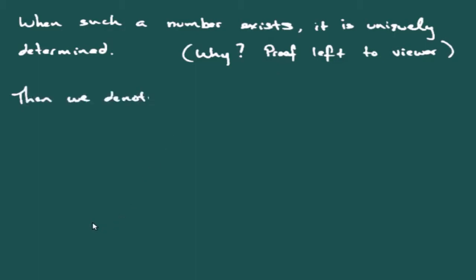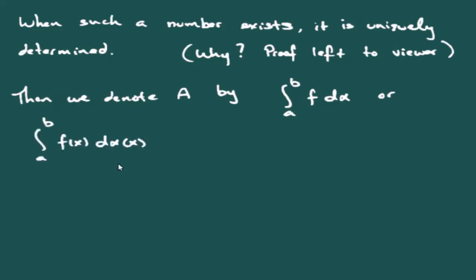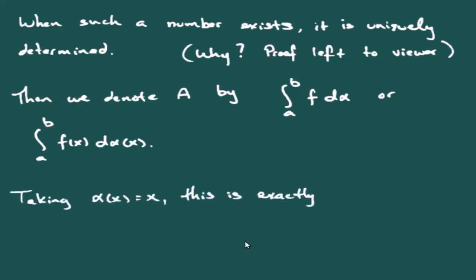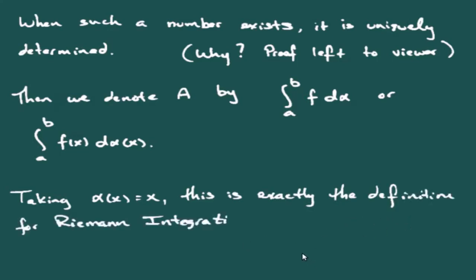But what we will do is denote this real number A by the integral from a to b of f d alpha, or sometimes you might see it written as the integral from a to b of f of x d alpha of x. And again, just to reiterate the point, if we take alpha of x to be x, then this is exactly the same definition that we have for our usual notion of Riemann integration.